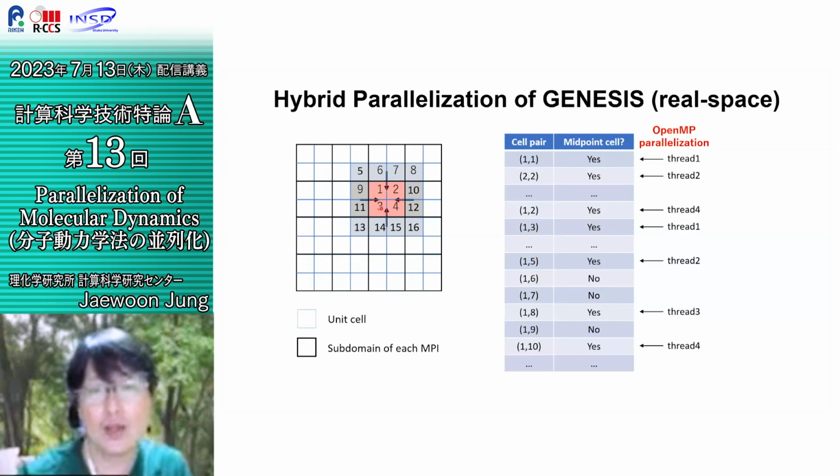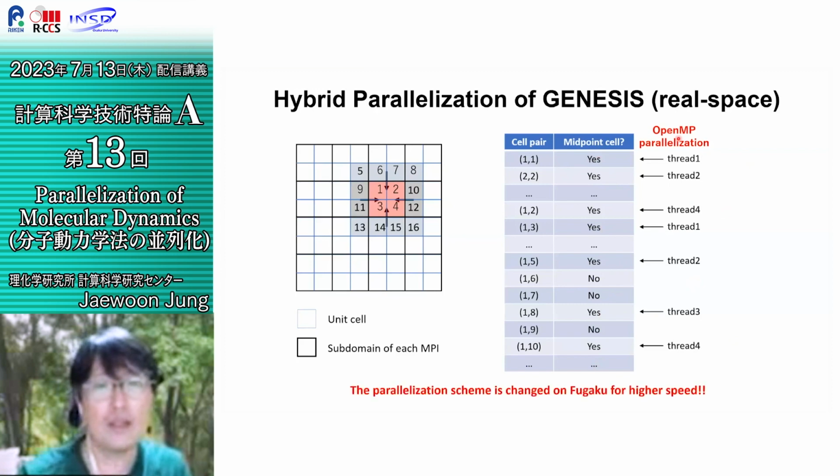In some cases, for example 313, if the midpoint is inside of this domain, we check yes. If not, we do not calculate it. We only check the midpoint cell cases. And this one is again parallelized by OpenMP. This is the hybrid parallelization in GENESIS.